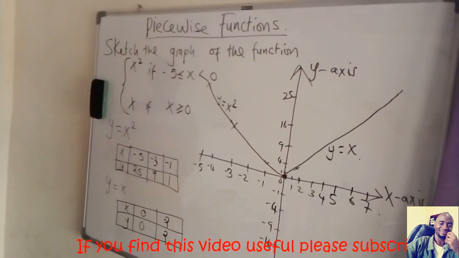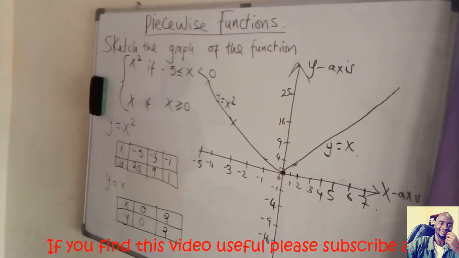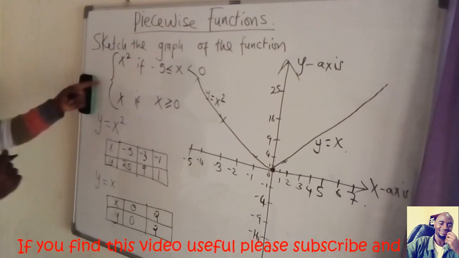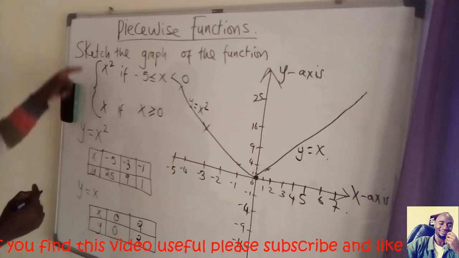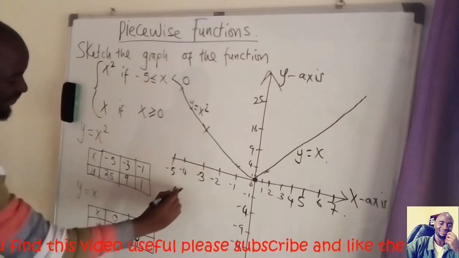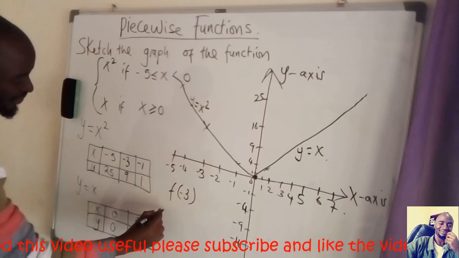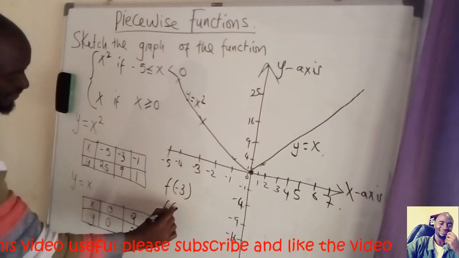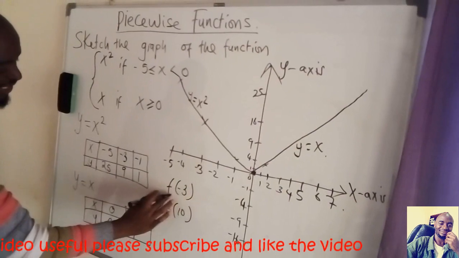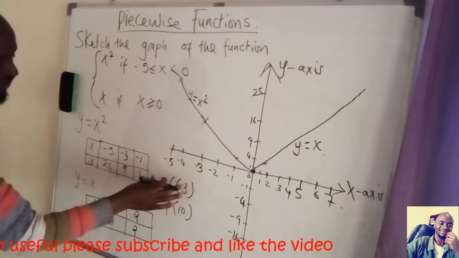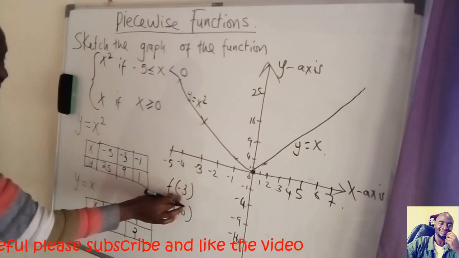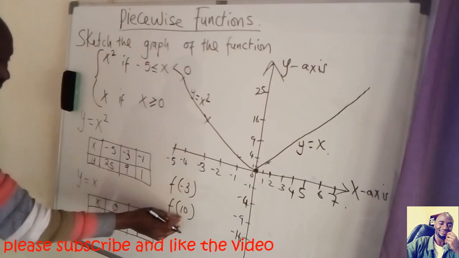something like that. So now, sometimes they can tell you to evaluate, for instance, we are given the piecewise functions like this, then they tell you to evaluate -3 or evaluate 10. When they say evaluate, they are telling you to find the value of the function when we put -3 wherever there is x, or when we put 10.